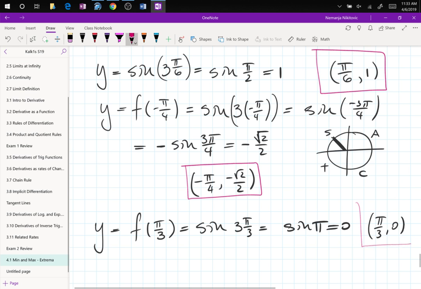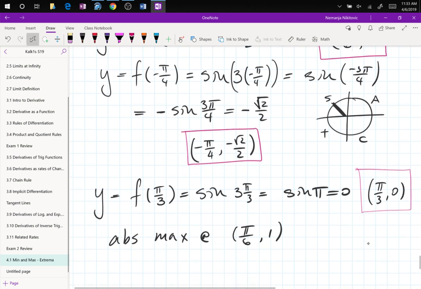So I have 3 different points. Highest of all y values has to be your absolute max. So ABS max at pi over 6, 1, because that's the highest y value.